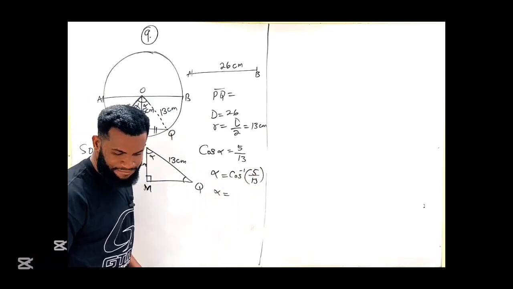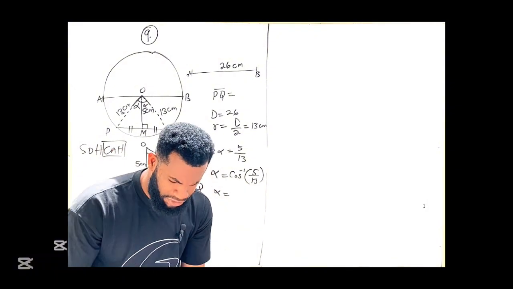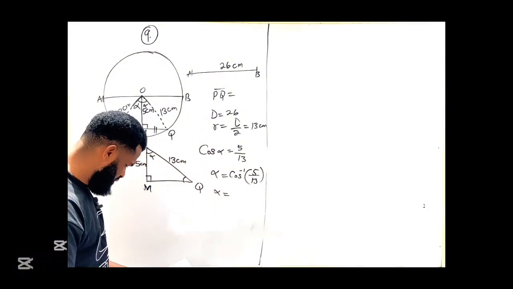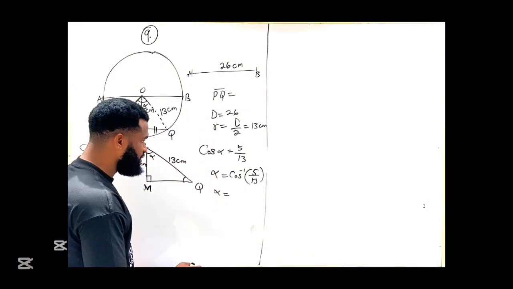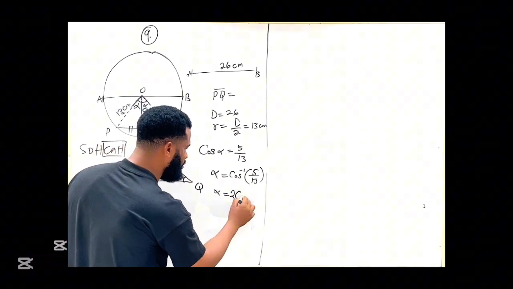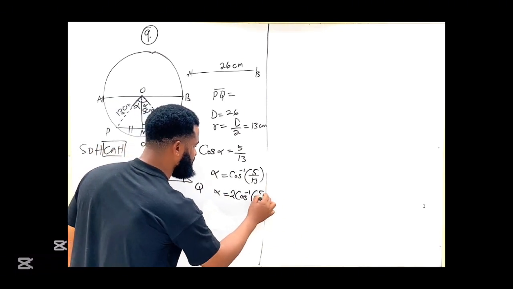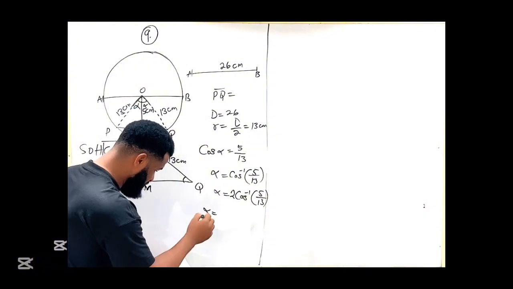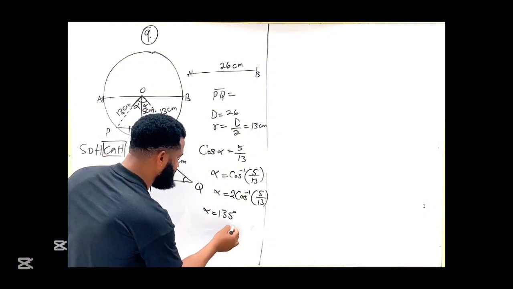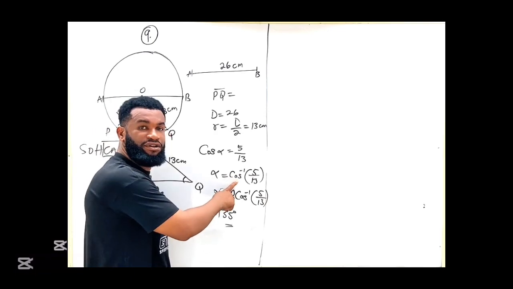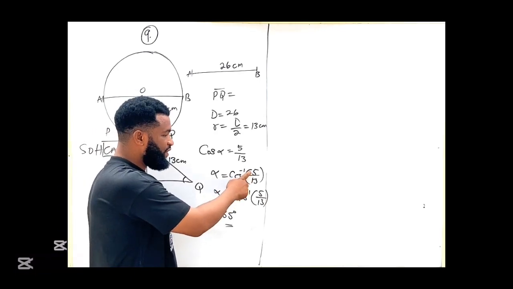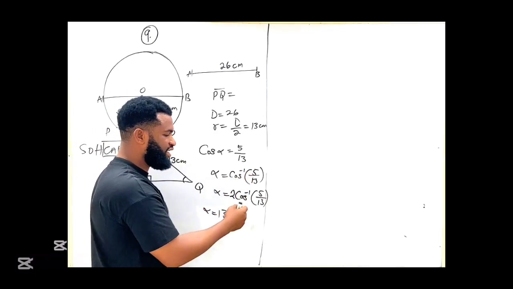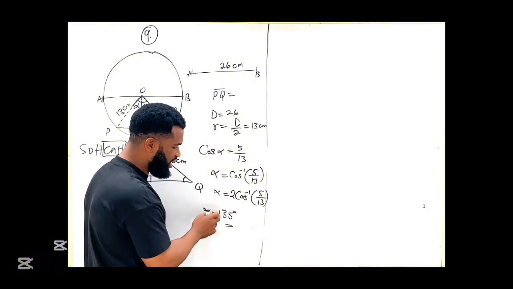With the calculator, POQ is going to be 2 cos inverse of 5 over 13, which is 135 degrees. So what you do is cos inverse in your phone of 5 over 13 in brackets, whatever you get, multiply it by 2, you have 135.